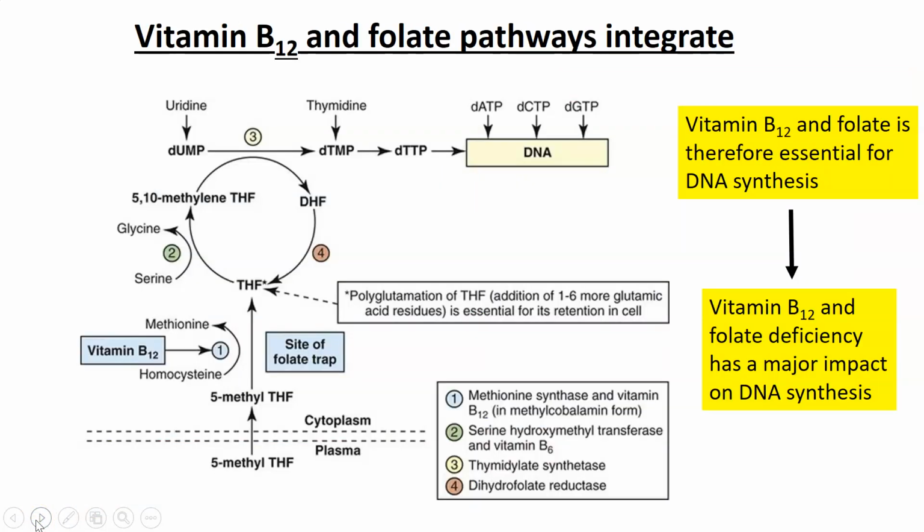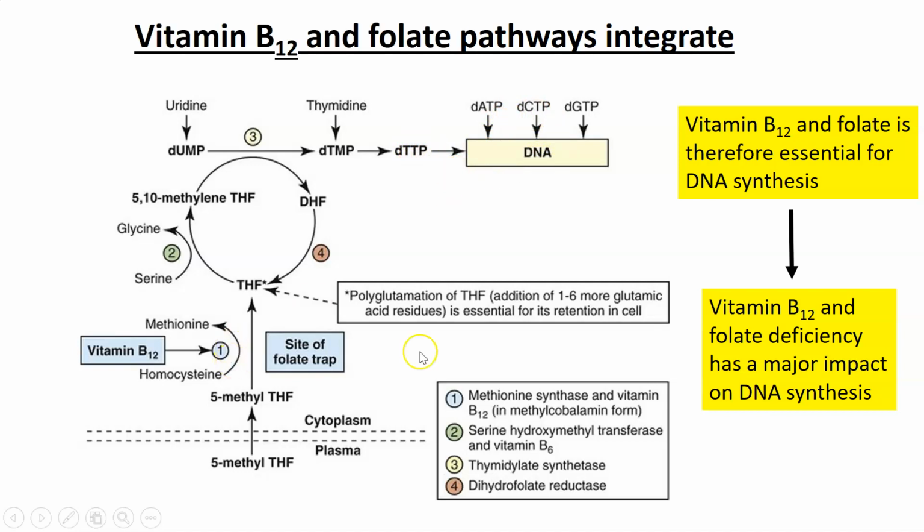So just a bit more detail here, but it's showing the same thing really. You can see that folate is converted to 5-methyl tetrahydrofolate, this methyl group is removed to produce methionine, leaving you with tetrahydrofolate, which then undergoes a series of reactions where it can participate in the production of thymine, which is then used to synthesize DNA.